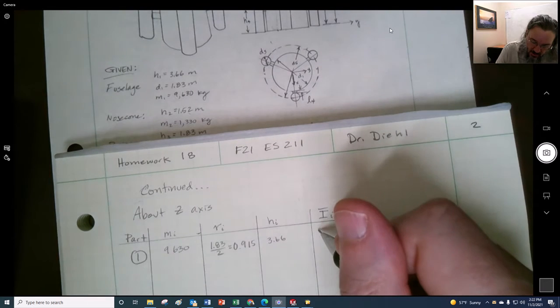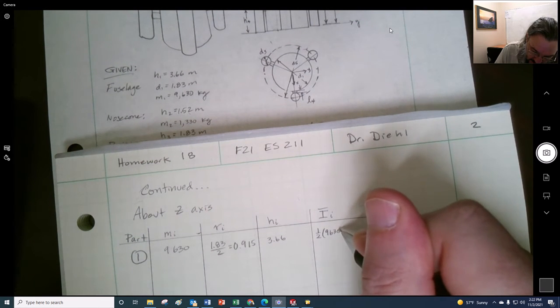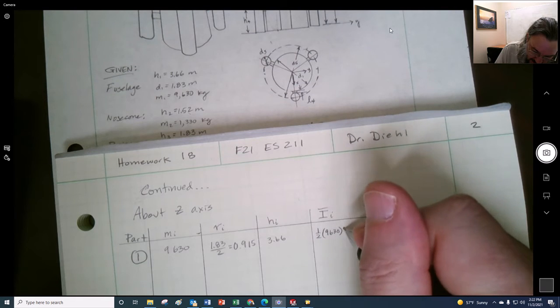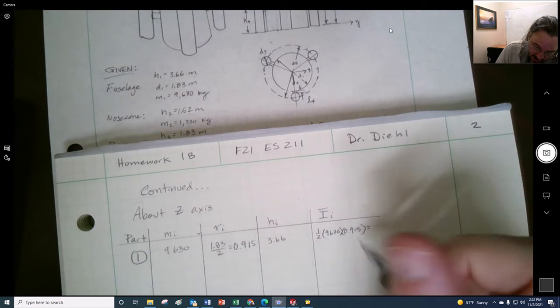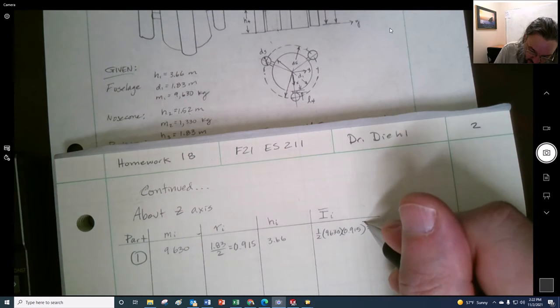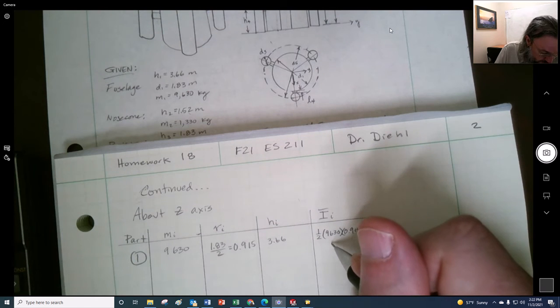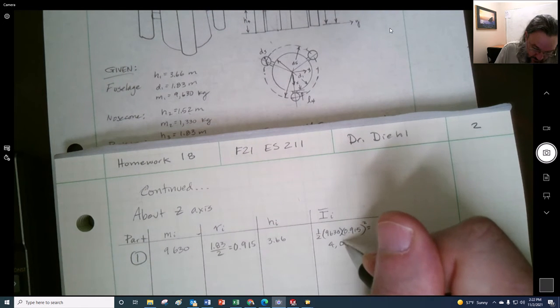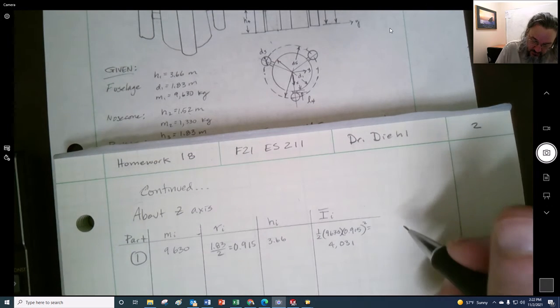So 1/2 times 9630, a is the radius, 0.915, and so it doesn't extend out too far over to the right, I'm going to write this underneath it, and that needed to be squared. I almost forgot that. So I'm going to square that, and 9630 times that divided by 2. So you're going to get 4,031, right?